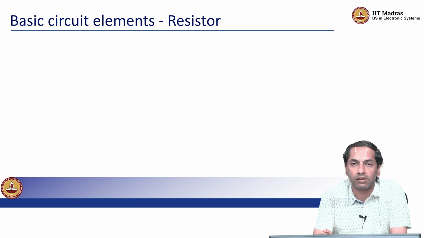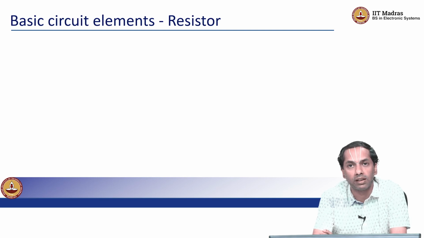So, the precursor to actually teaching you circuit elements and giving you a circuit based flavor for electromagnetic forces and electromagnetic fields is that it largely simplifies the dimensionality of the problem, right.